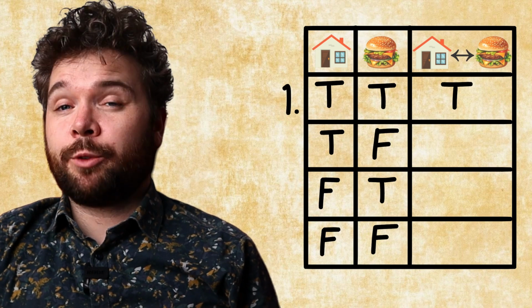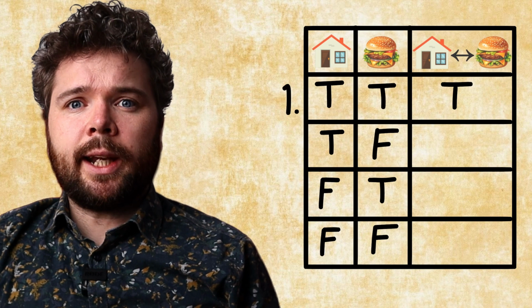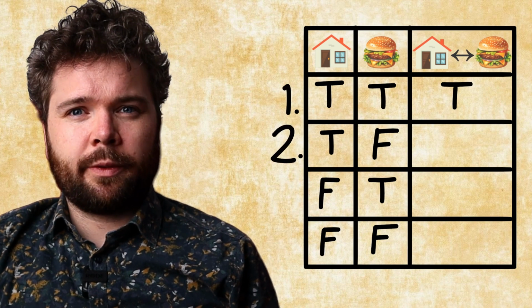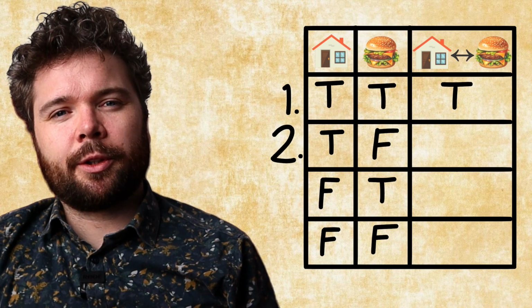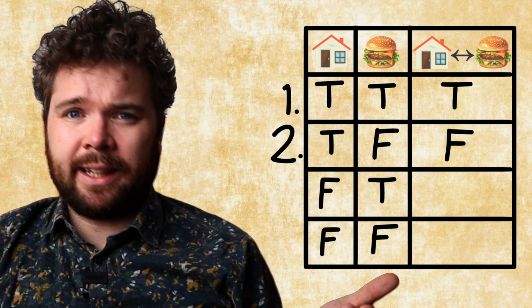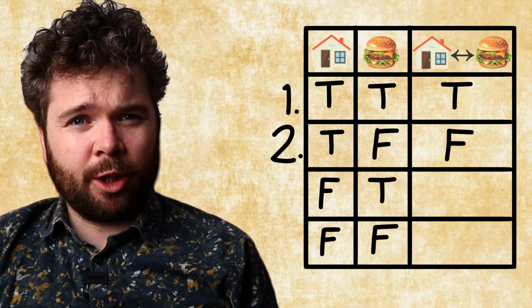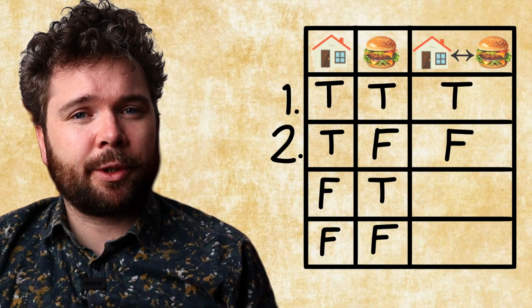I came over to my friend's place and he gave me a hamburger. In scenario 2, it is true that I went to my friend's place, but he didn't give me a hamburger. Then the sentence is false, right? He lied to me. If and only if I come by his place, will I get a hamburger.